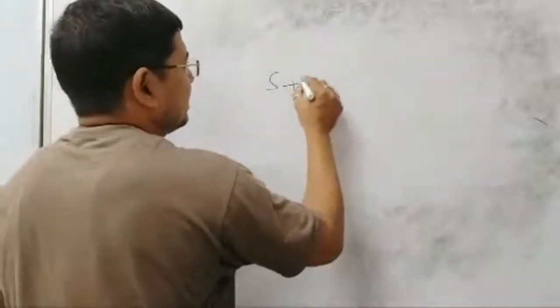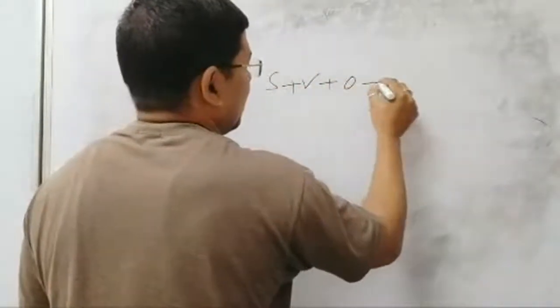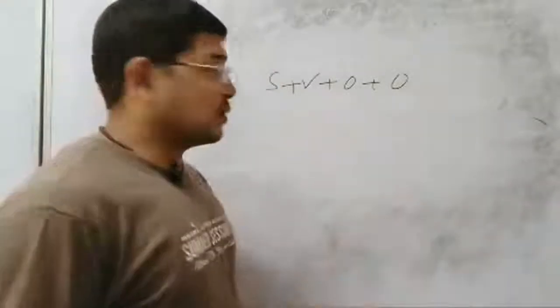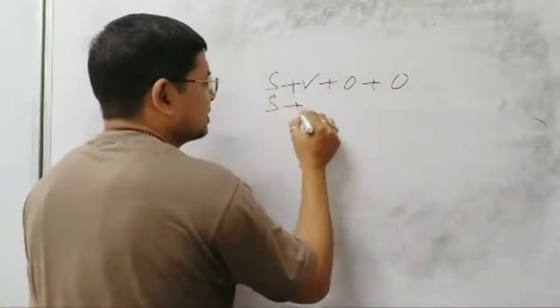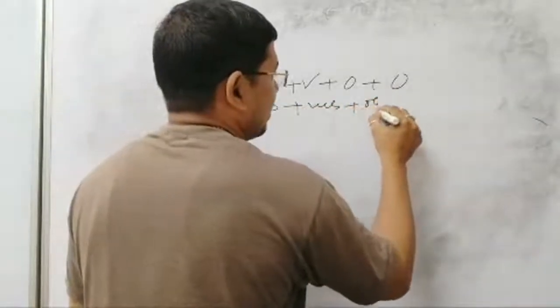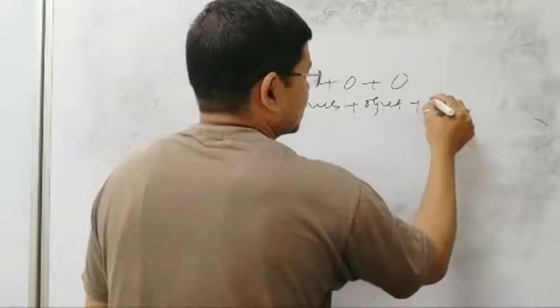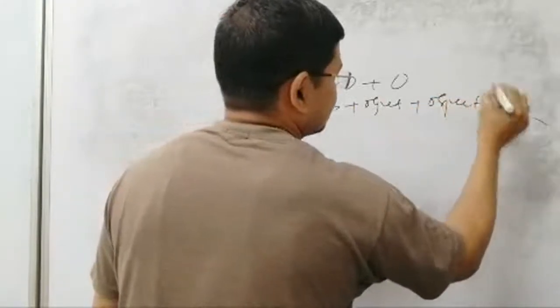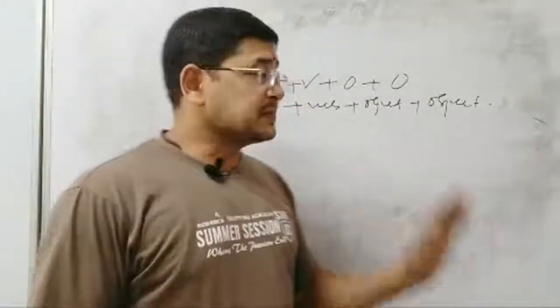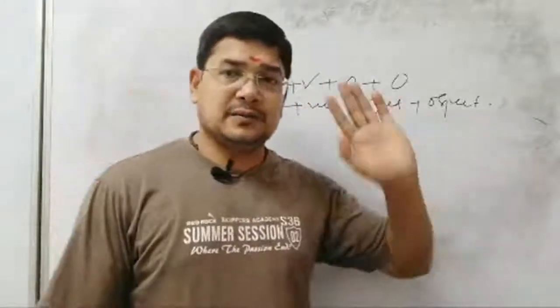SVOO, this is the pattern. The next pattern is subject plus verb plus object plus object, double object, two objects.